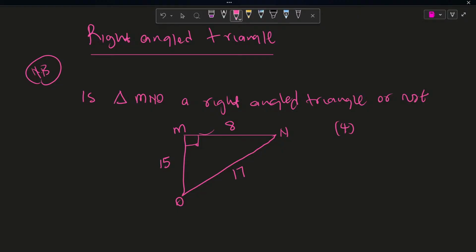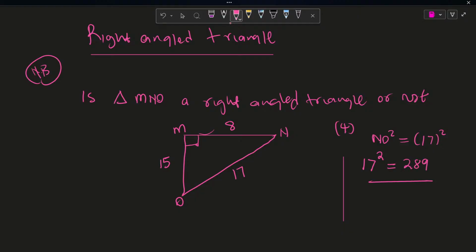All right. Let's try. You just make a line like this. Then you go to the longest side. Which one is your longest side there? It's 17. Then you just say 17 squared, which is your NO. You said it's giving you 289.